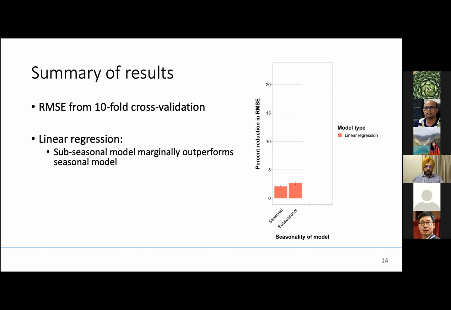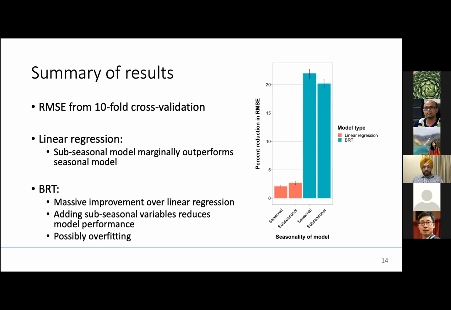And for linear regression, we see that adding sub-seasonal variables has a significant, albeit marginal, improvement on model prediction. So a seasonal model is able to improve our model prediction by around 2% compared to a sub-seasonal model, which can improve it by around 3%. And compared to that, BRTs are improving our prediction by up to 22 to 23% for the seasonal model.